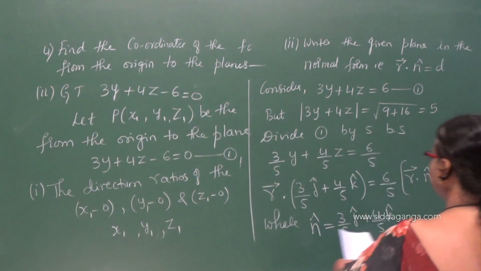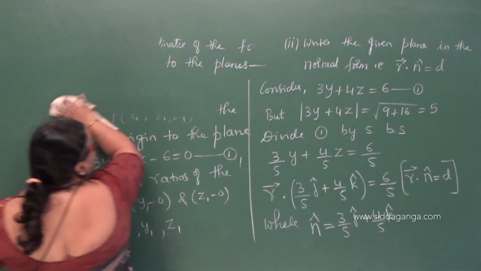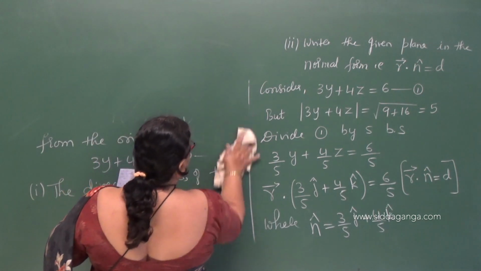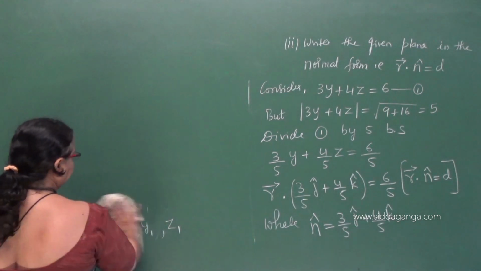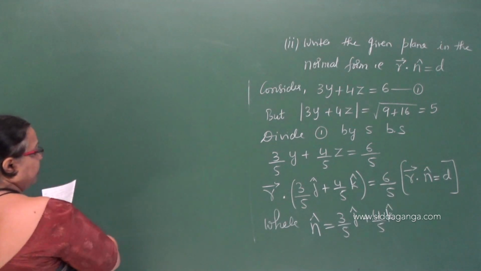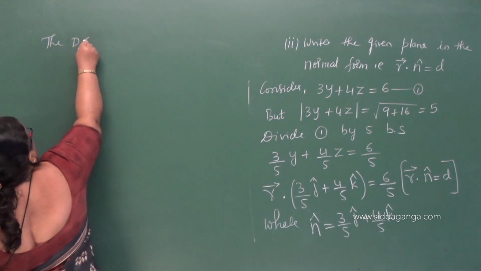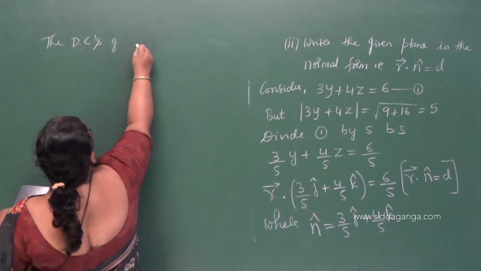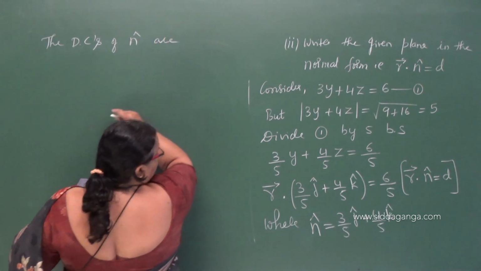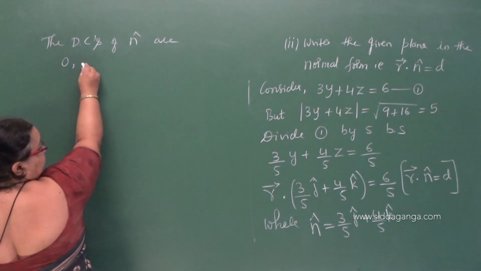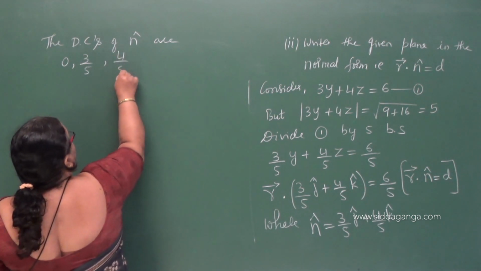Therefore, the direction cosines of n cap are 0, 3 by 5, 4 by 5.